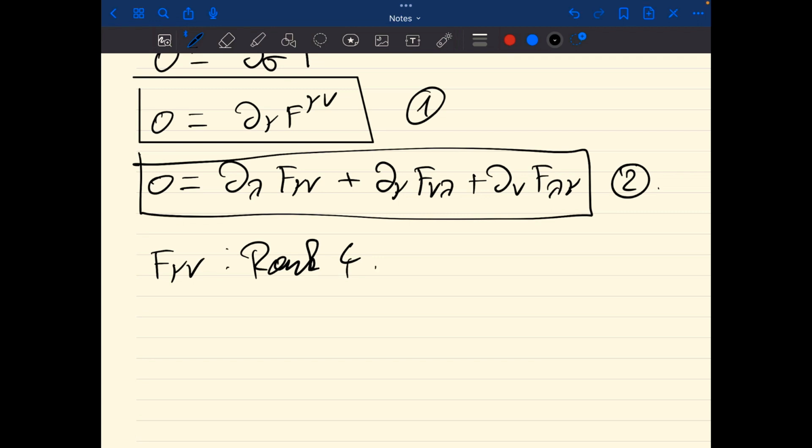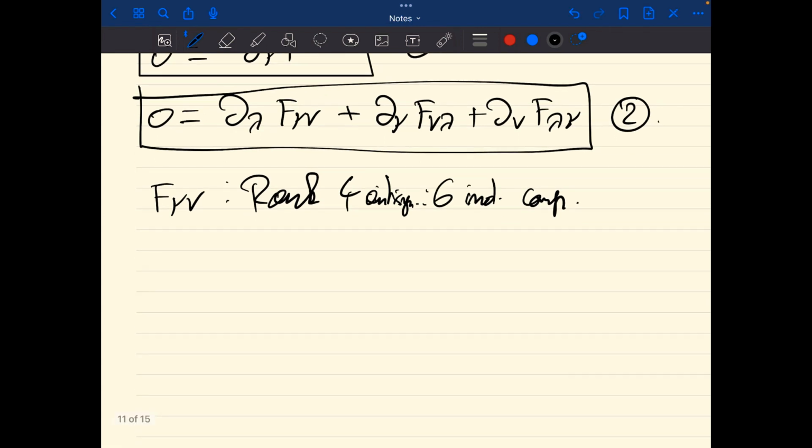Therefore, it has 6 independent components. We can define 3 of them to be electric fields and the 3 other magnetic fields. The standard definition is the following. The 3 components of the electric field are defined as such, where i is a Roman index, and all Roman indices run from 1 to 3, so they are just spatial components.